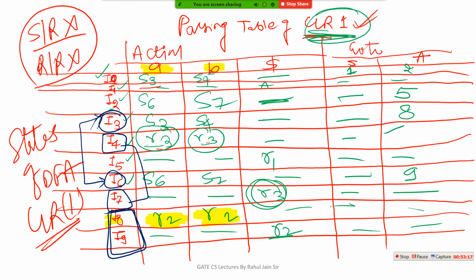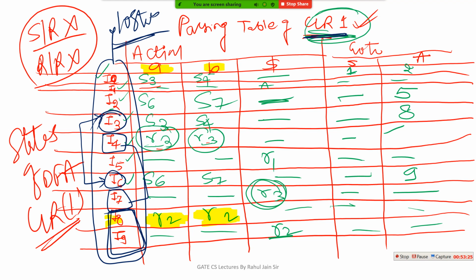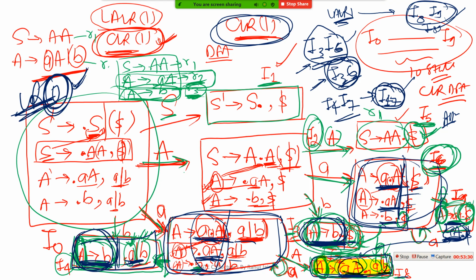So in the CLR1 parsing table, I have 10 states. But in the LALR1 parsing table, the number of states in the DFA is reduced, because I have merged I3 and I6, I4 and I7, and I8 and I9.